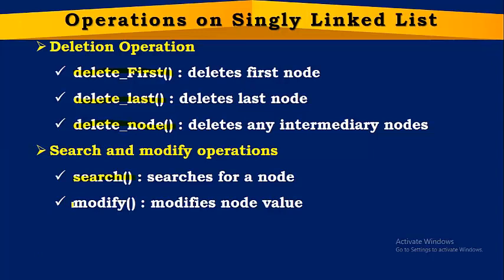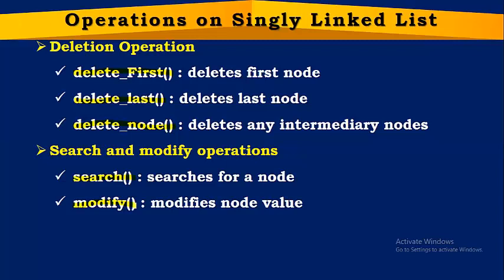Next, modifying the node value. When you call the function modify, it prompts the user which node value you want to modify. Then you have to give some value. Then it searches for the node with the given value in the singly linked list, and then asks for a new value.